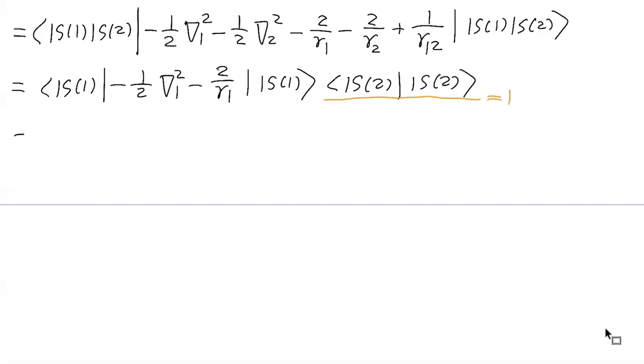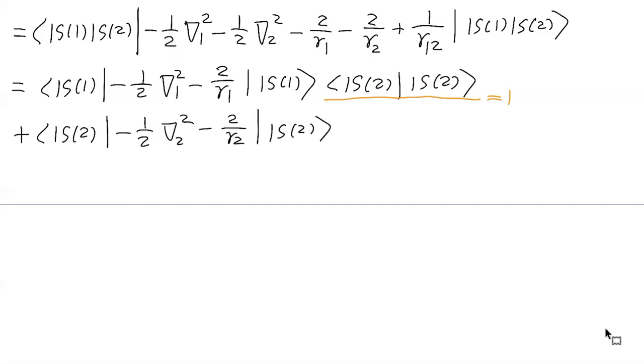The second term, similarly, it's 1s2, negative 1 over 2 Laplacian for the second electron minus 2 over R2, 1s2, times the inner product of the first electron. Again, this term, of course, is equal to 1.